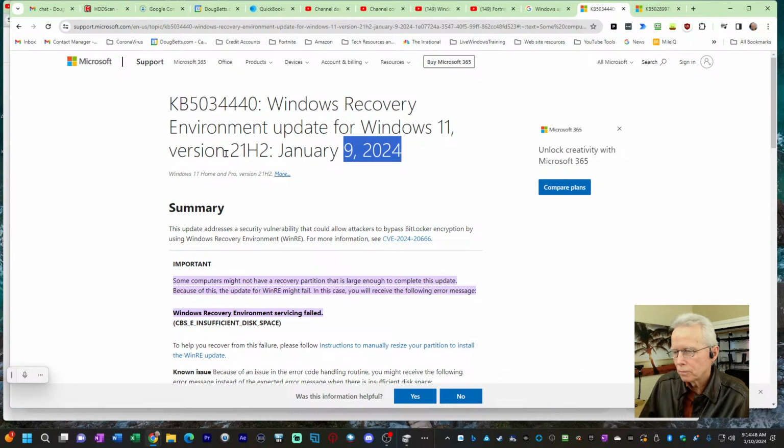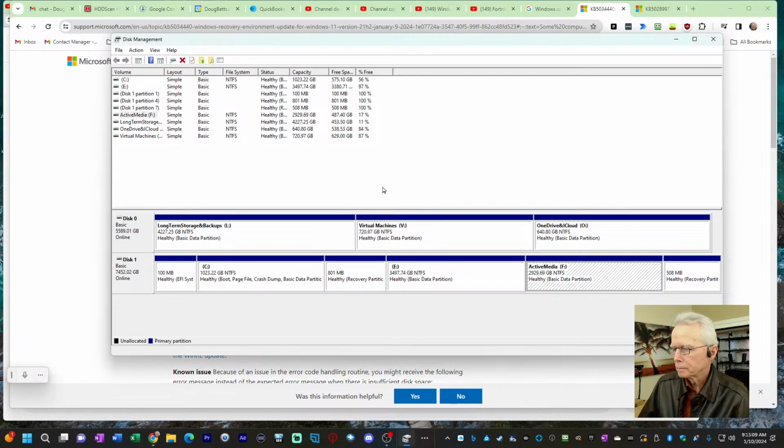January 9th, 2024, 21H2. So there's 21H2, 22H1 and 22H2, then 23H1. Right? Wasn't there? I don't know. Chris Garrett said some people might get confused with the OEM recovery. I don't know what you mean by that, Chris.